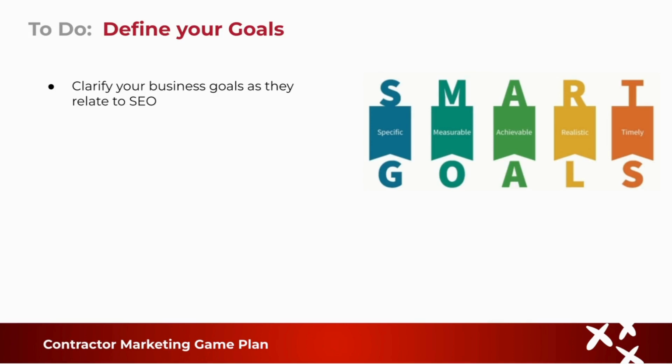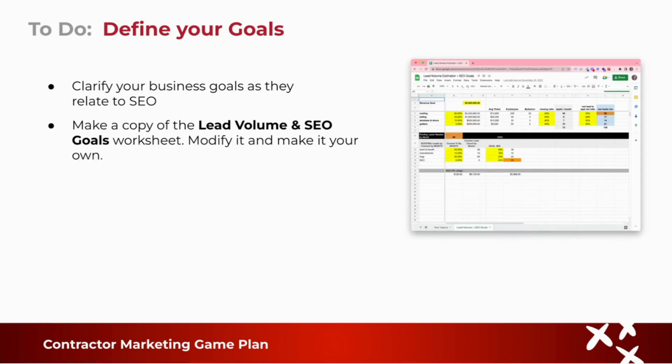Make sure your goals are SMART goals. They need to be specific, measurable, achievable, realistic, and have a time limit on them. So, what you're doing in this exercise on your to-do list is you're trying to get real specific on how your business goals relate to your SEO goals.